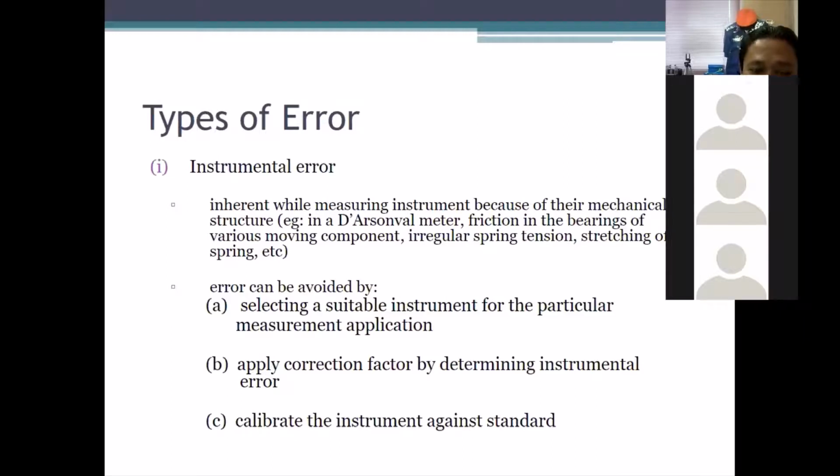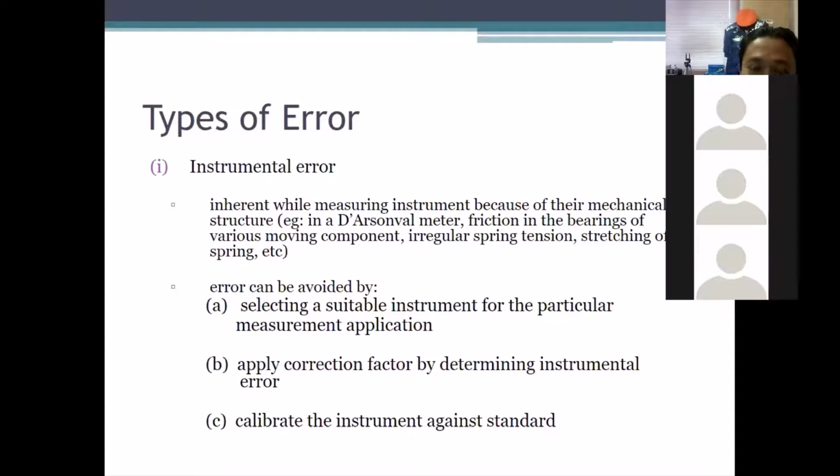Second, apply a correction factor by determining the instrumental error. If you know this instrumental error, we can apply the correction factor. But if we cannot measure the instrumental error, maybe we can change to a new instrument. And then number 3, we can calibrate the instruments against the standard.